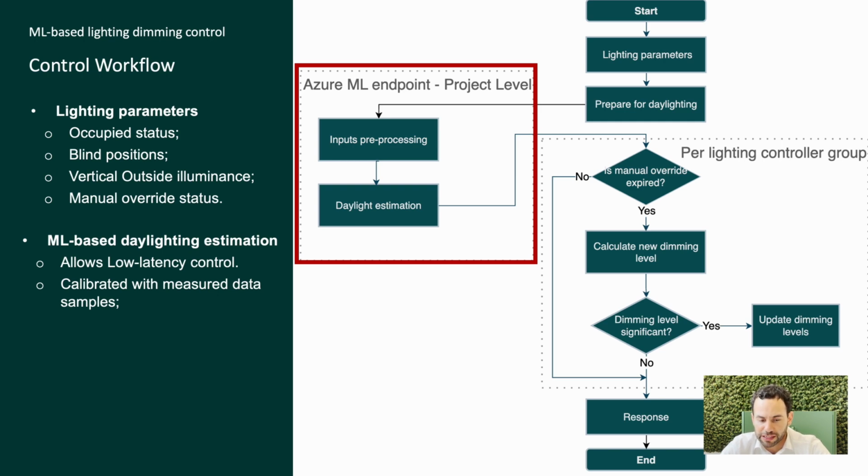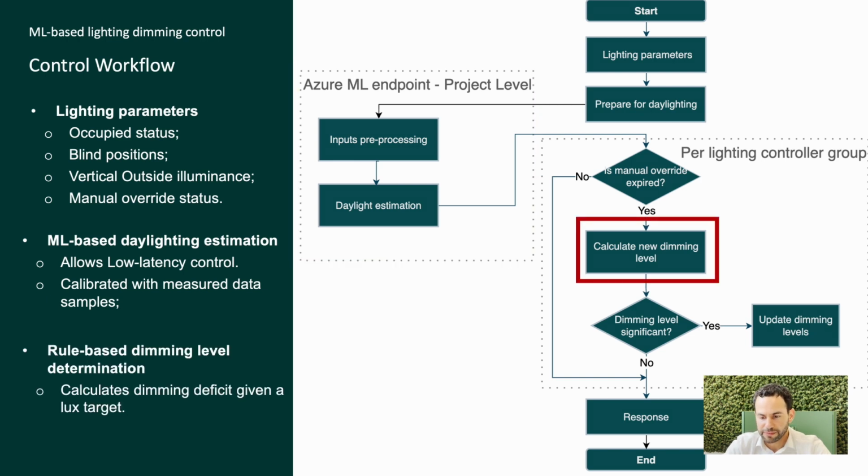Why we are using machine learning is because it allows low latency control, and we will see how this compares with other traditional alternatives. Also, some machine learning models can be retrained, so they don't forget the initial data that has been used for training, but new data can improve the subsequent predictions of the model. This is a great advantage of machine learning models.